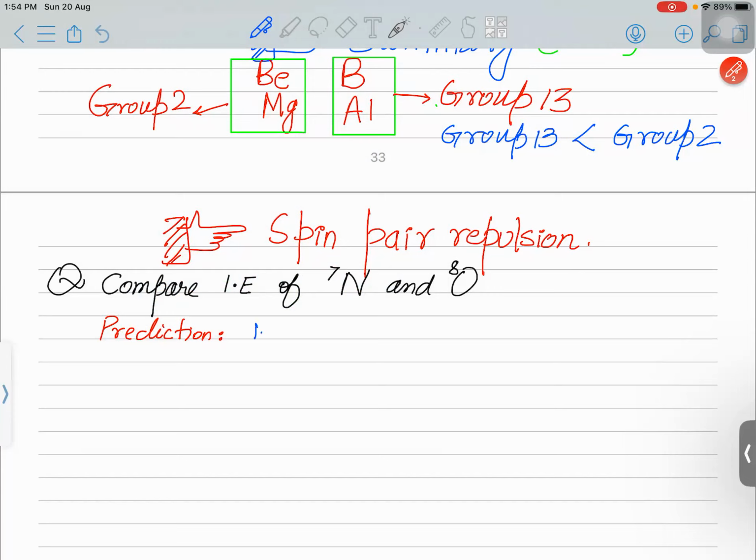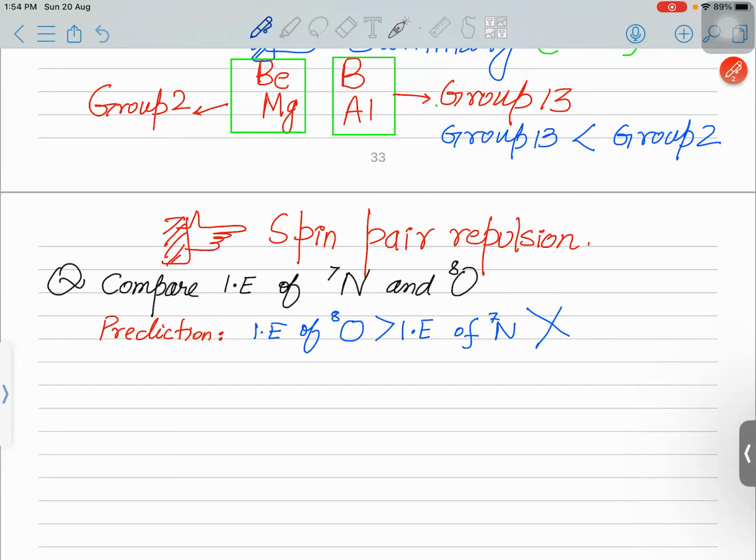So the prediction is that ionization energy of oxygen is greater than ionization energy of nitrogen, because oxygen has more protons than nitrogen. But we all know that we have the BB Ammi NOPS exception, so this would be wrong.